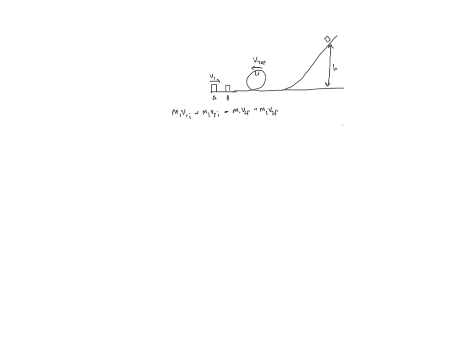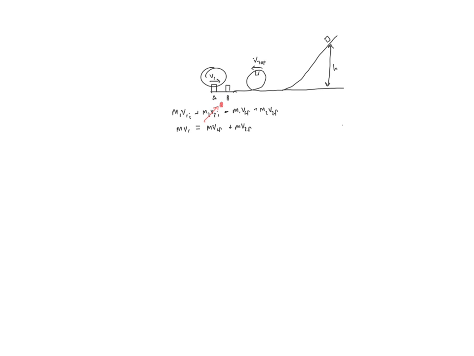Block B was initially at rest, so we can set this term equal to 0. And the blocks have the same mass, so I'm just going to rewrite this equation as M V1 initial, which is just V1, is equal to M times V1 final plus M times V2 final.